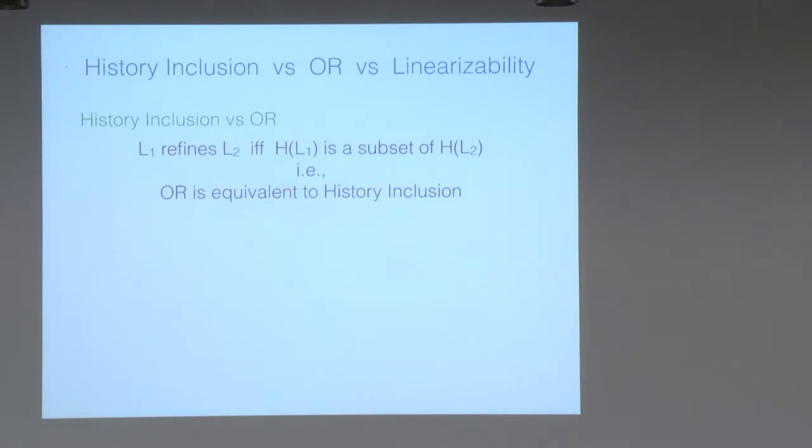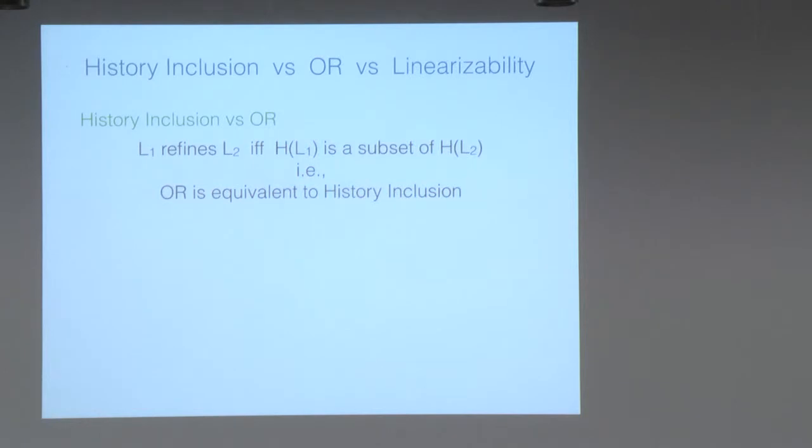Now, this is an interesting observation because from there you can derive a lot of information about the structure of your problem. I'm not going to give you all the technical details, they are in the paper that I will give you the reference of. The important thing here is that we prove, for instance, that observational refinement is equivalent to history inclusion.